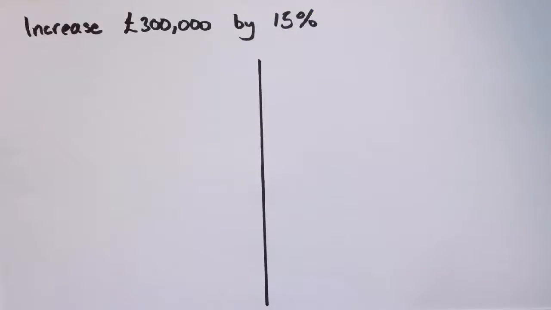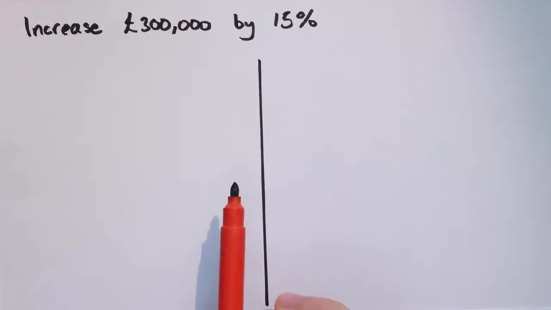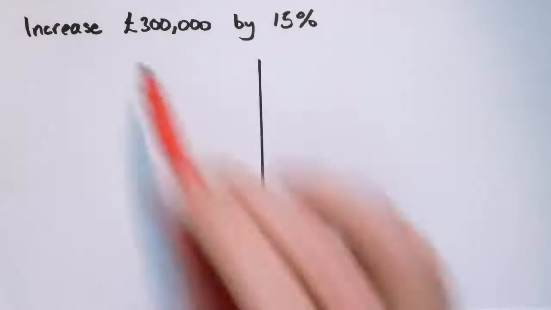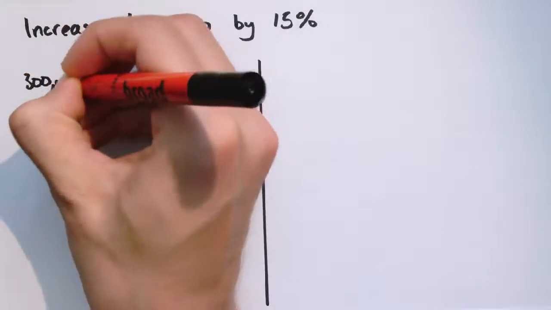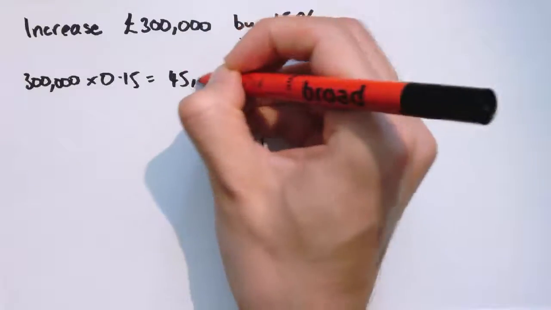Okay, so I'd better get on to showing you why these scale factors make things so much easier. Here's another problem. Increase 300,000 by 15%. I put a line down the page here because I'm going to do it in two different ways to show you how much more efficient the scale factors can be. Now, a common way students would go about this would be to say, okay, well, 15% of 300,000 is 300,000 times 0.15, which gives you 45,000.